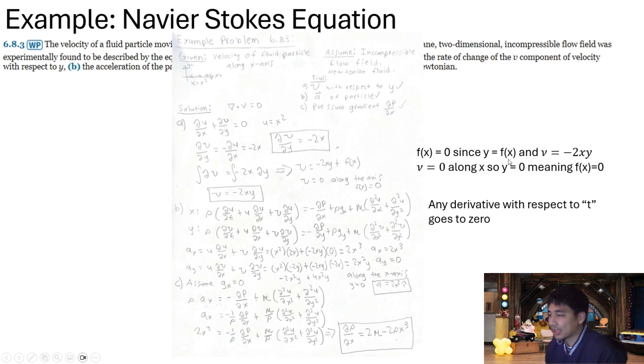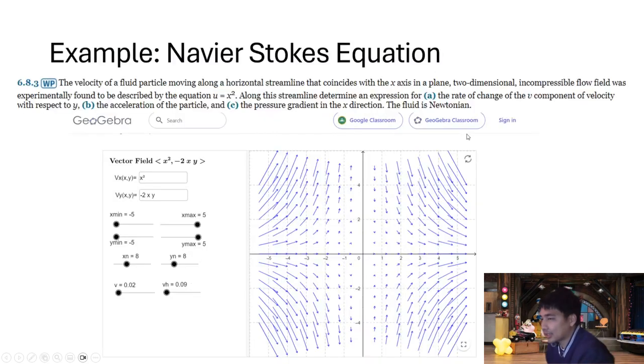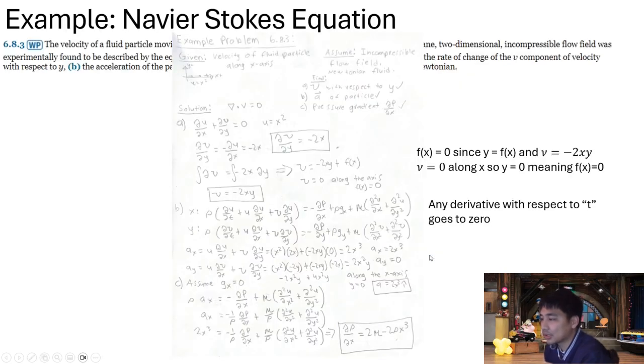So y is equal to f of x, because if you have a function with respect to x, your output's going to be y. Just your Calc 1 input-output stuff, or even pre-calc. And the nu, which we solved for, was negative 2xy. And we know that nu is equal to 0 along the x-axis, because it says the streamline coincides with the x-axis in a plane, which is right here. There is no y component here, which we can see.